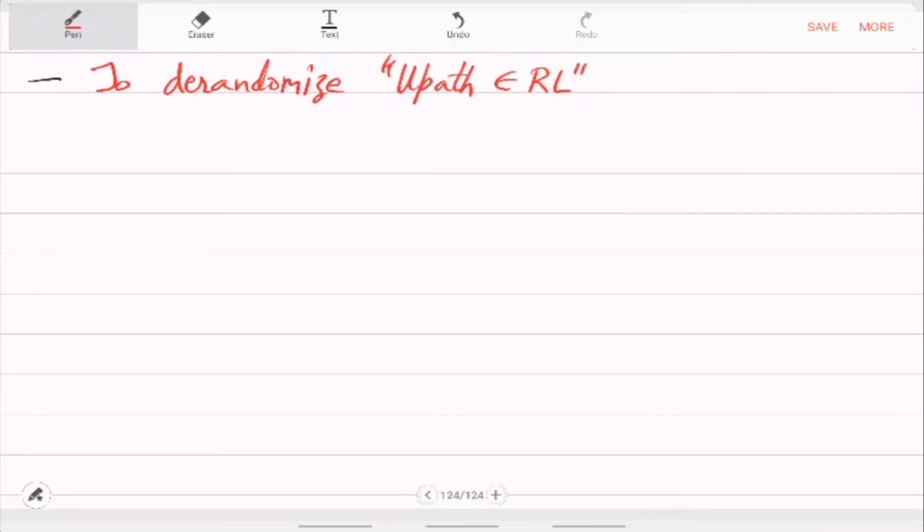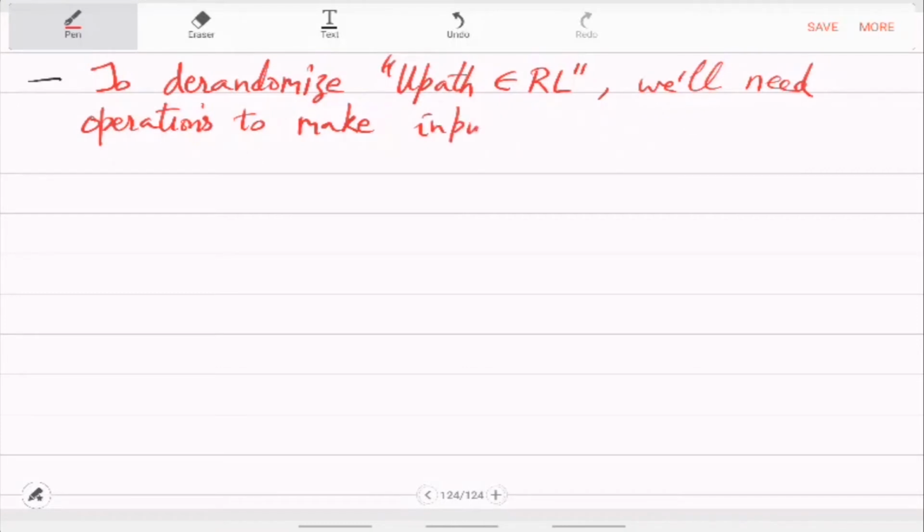So, to de-randomize this, we will need operations to make the input graph G an expander without changing connectivity.